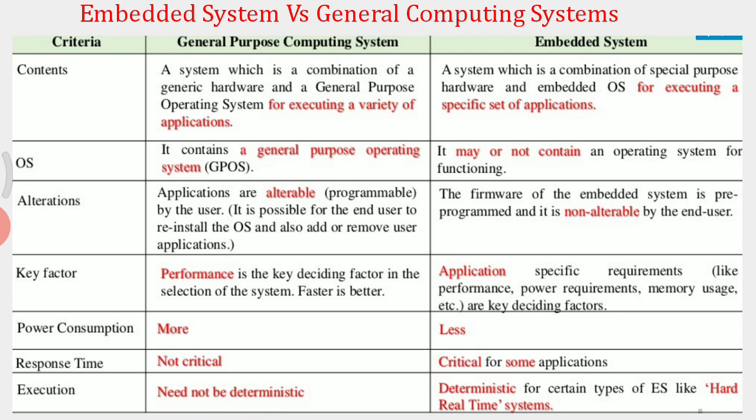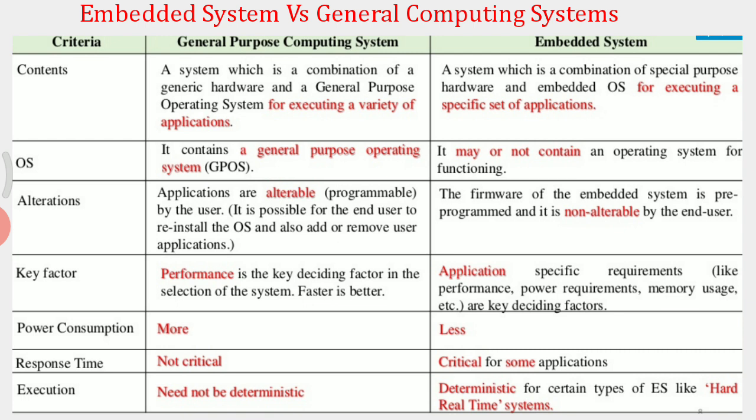In the second criteria, we will discuss the operating system. The general purpose computing system consists of a general operating system, whereas an embedded system may or may not contain an operating system for its functioning. So it does not totally depend on the operating system.